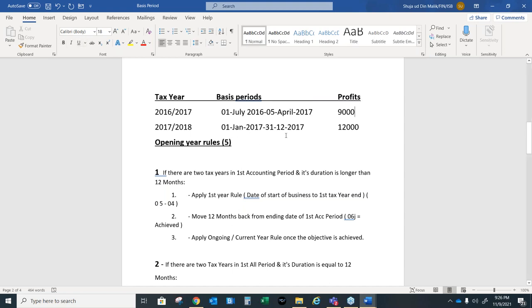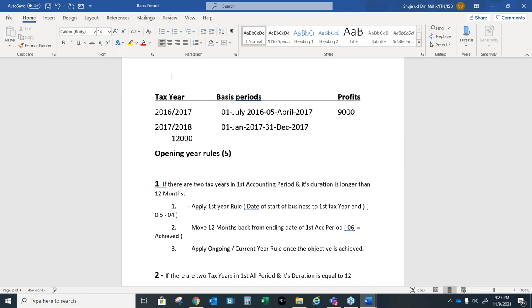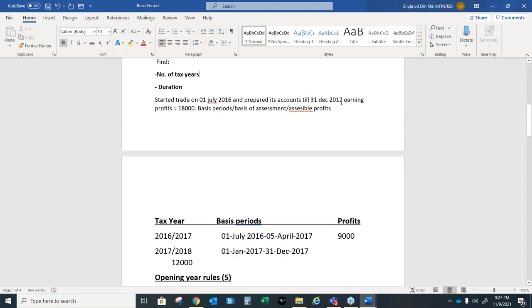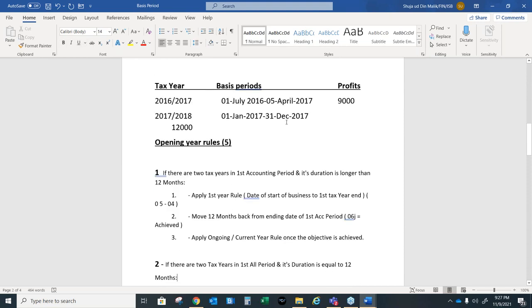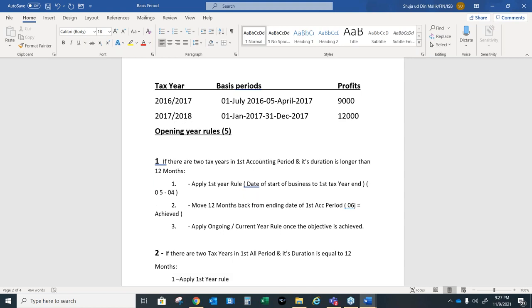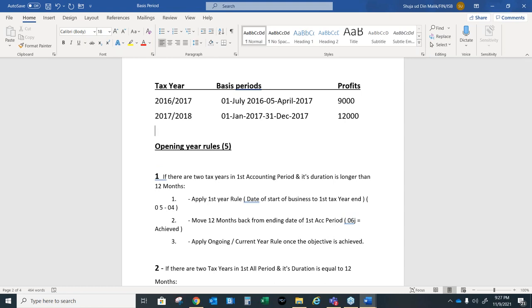So now this is 31st December. Now you could see that 31st December here as your accounting date, 31st December here as the basis period or the tax year. So the objective here is achieved, and the objective of basis period we have achieved.